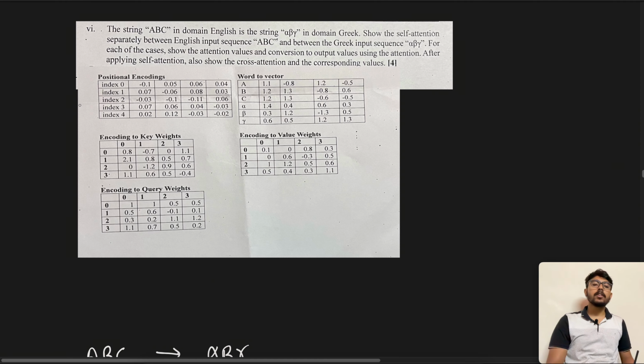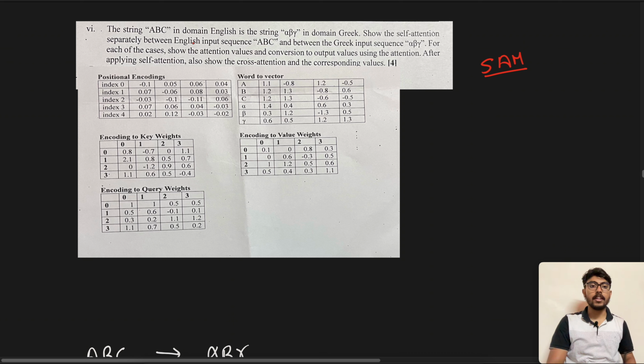So today we are going to deal with a new topic which is basically related to the self attention mechanism, right? So let's read the question first. The string ABC in domain English is the string alpha, beta, gamma in domain Greek.